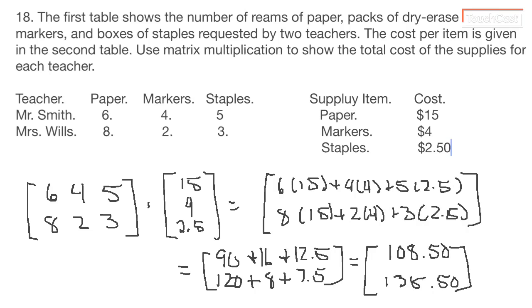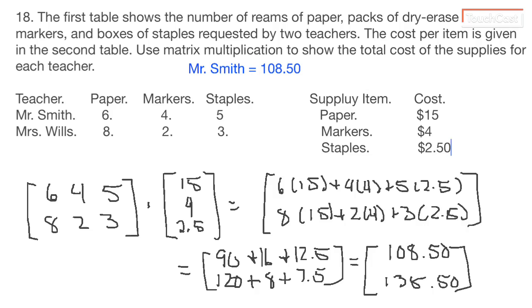So what we can do is kind of like a sentence statement. I'm going to put it up at the top of the screen in blue. We can say that Mr. Smith, his total is $108.50.